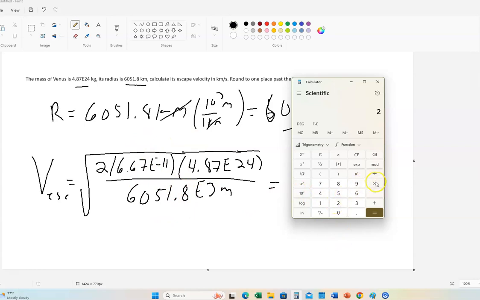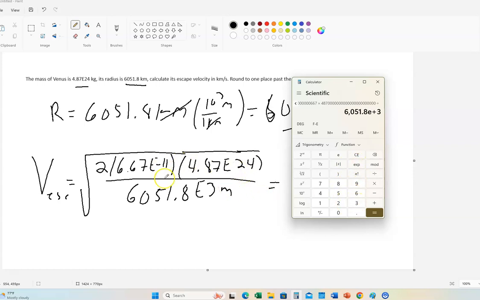So it's 2 times 6.67 times 10 to the minus 11th, and then times the mass of Venus, which is 4.87 times 10 to the 24th, divided by 6051.8 times 10 to the third.